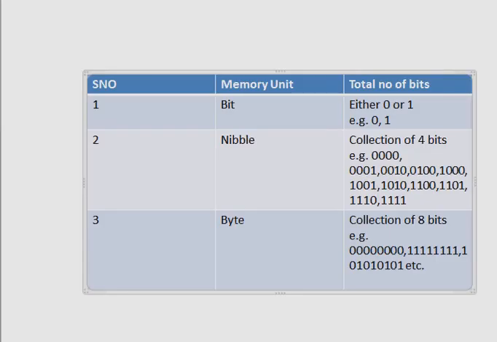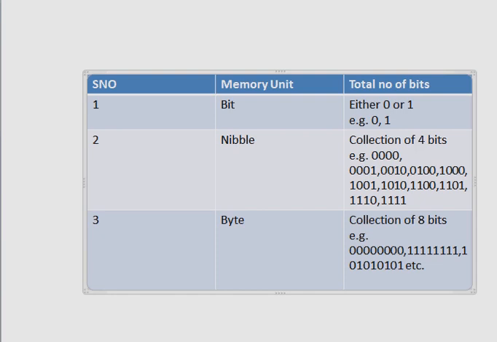Here you can see I have introduced three memory units. First one is the smallest, that is bit. 1 bit, as I have earlier told you, may be either 0 or 1. Example is, you can write either 0 or 1 for a bit. Next unit is nibble. Nibble is known as the collection of 4 bits.